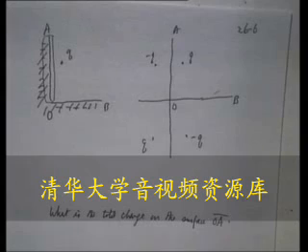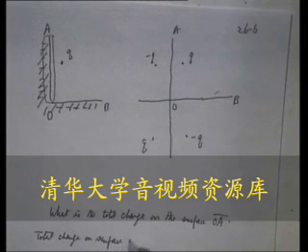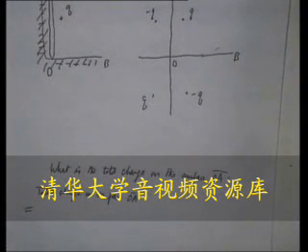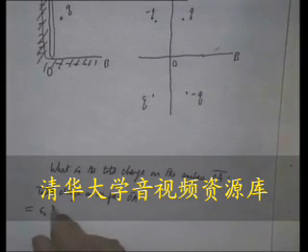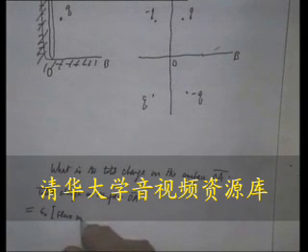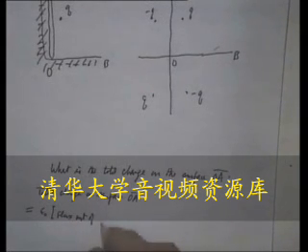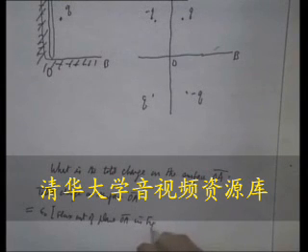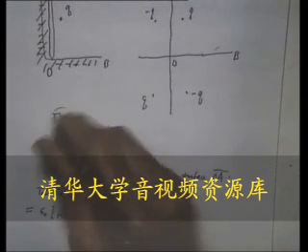So the total charge on surface OA is equal to epsilon 0, no dielectric, dielectric constant equal to 1, times the flux out of this. I call this figure 1, this figure 2.